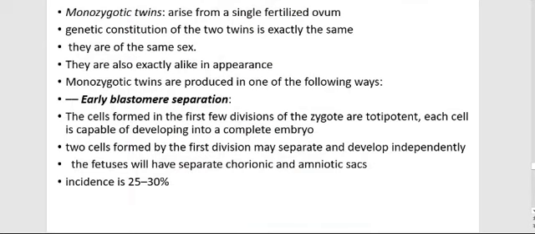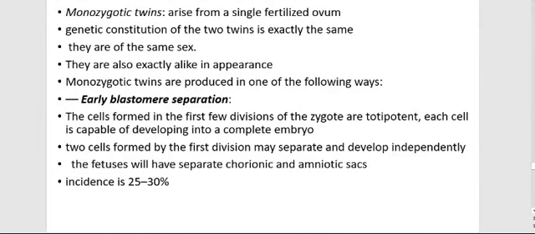And then we have monozygotic twins. These arise from a single fertilized ovum. So their genetic constitution is the same because they arose from a single fertilized ovum. The oocyte will be ovulated, one sperm will come and fertilize it, and then we form a zygote.